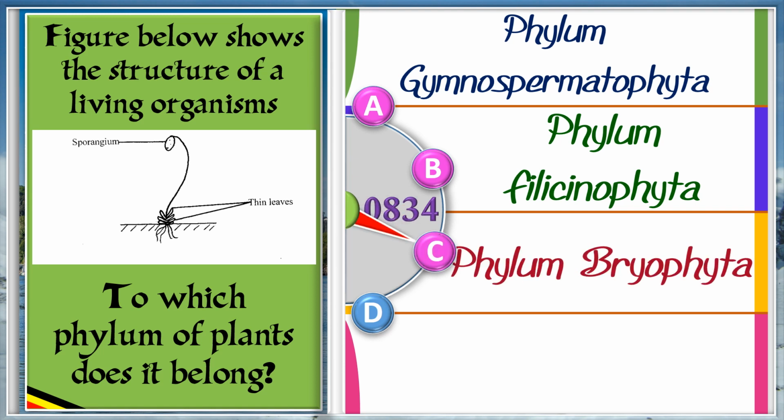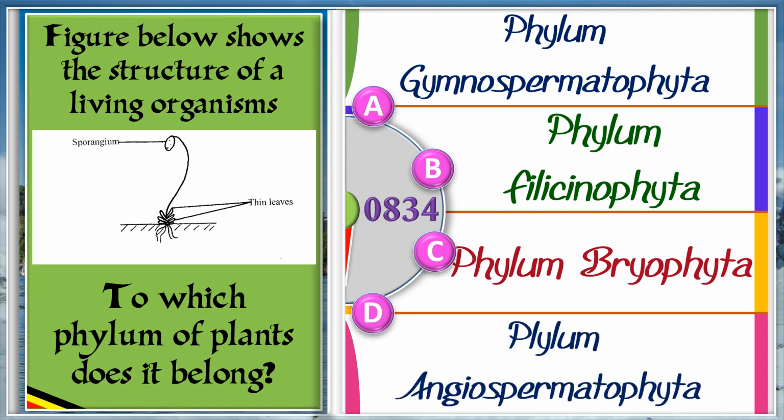C, phylum Bryophyta. D, phylum Angiospermatophyta. And the answer is C, phylum Bryophyta.